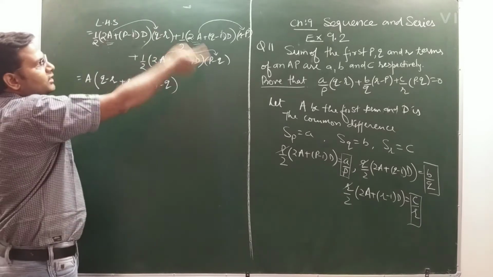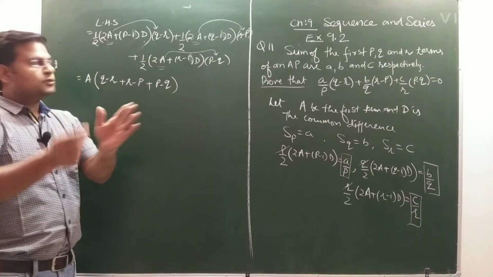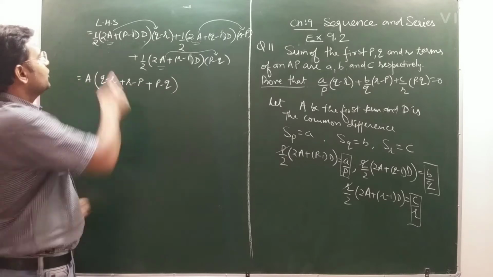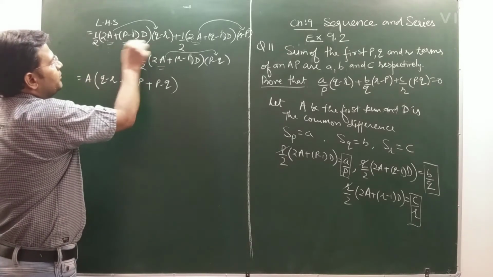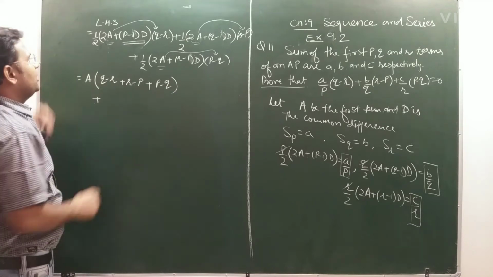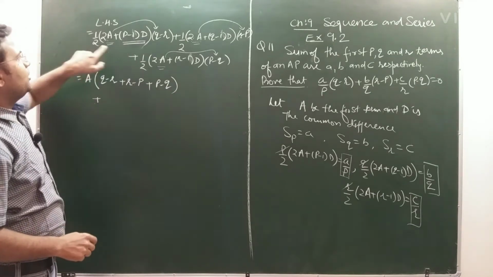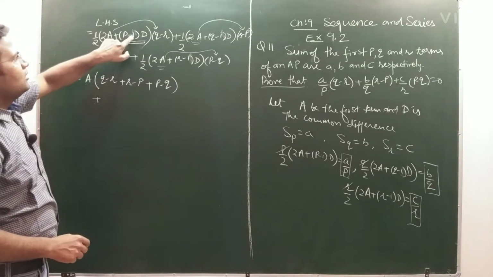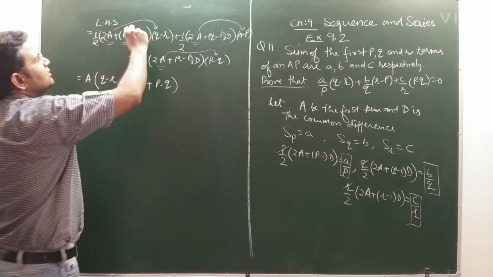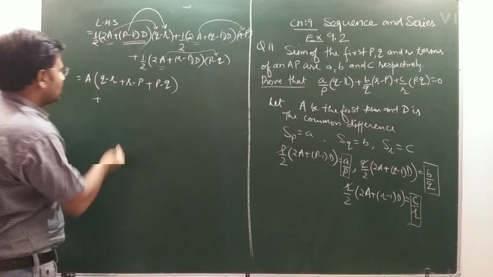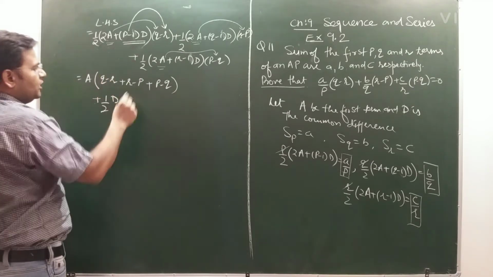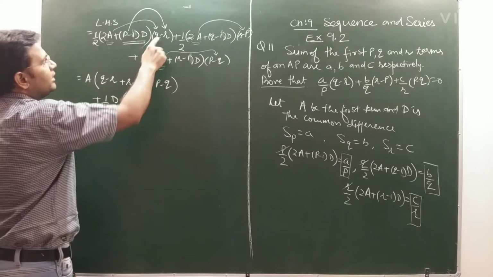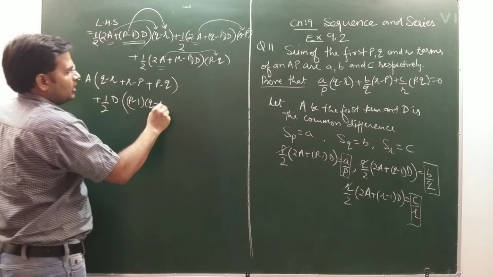Now this time we'll take all the terms which have D. So if you multiply 1 by 2 into this complete term, you are going to get D by 2 (P minus 1) into (Q minus R), because this will also get multiplied by this term. So I am going to take 1 by 2 D common, and (P minus 1) into (Q minus R).